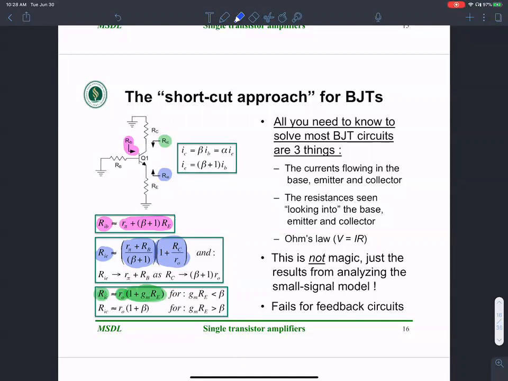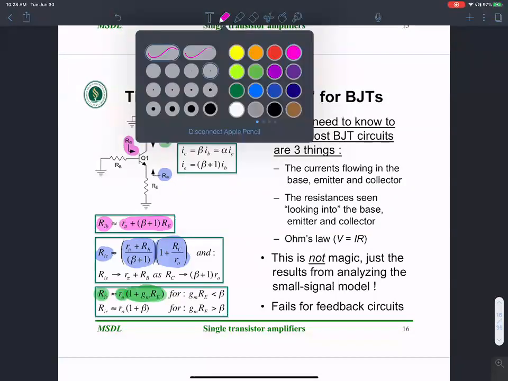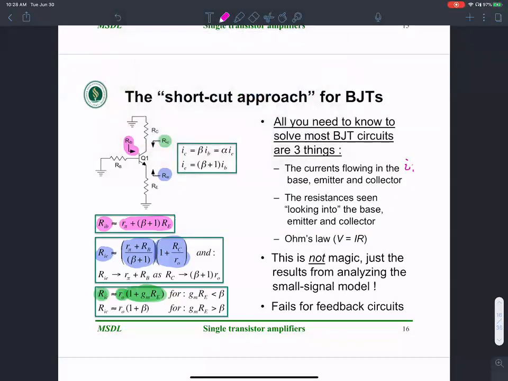Okay, now all we need to do to solve most BJT circuits is this: the currents flowing in the base, emitter and the collector. What are the currents flowing? I'm talking about the small signal currents IB, IC, and IE. In order to do the AC or the small signal analysis, you should have already done the DC or the large signal analysis.